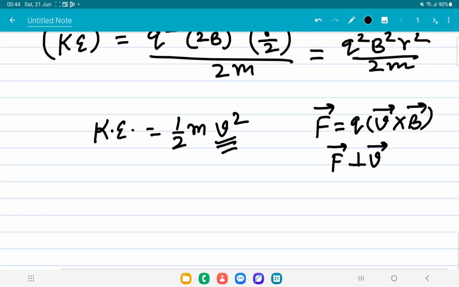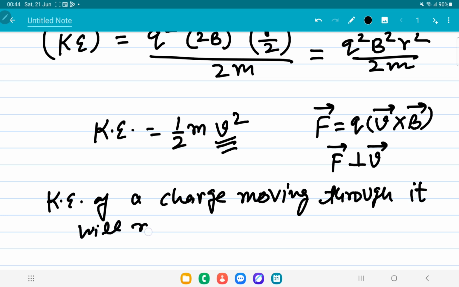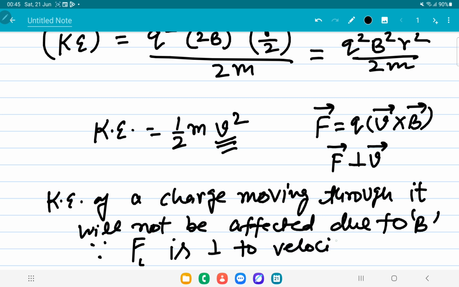So in general you can say that kinetic energy of a charge moving through a magnetic field will not be affected due to magnetic field, because Lorentz force is perpendicular to velocity.